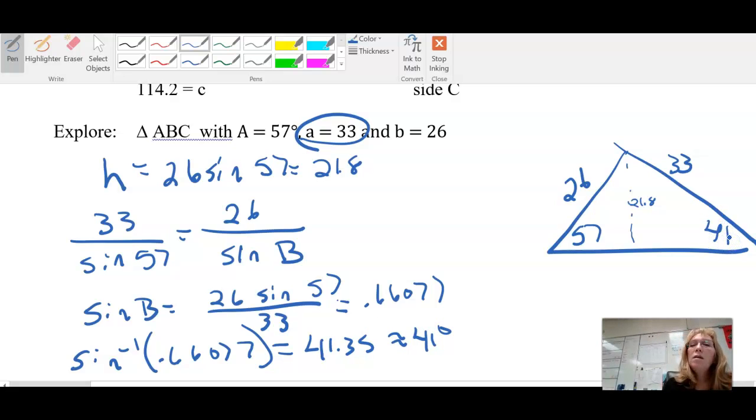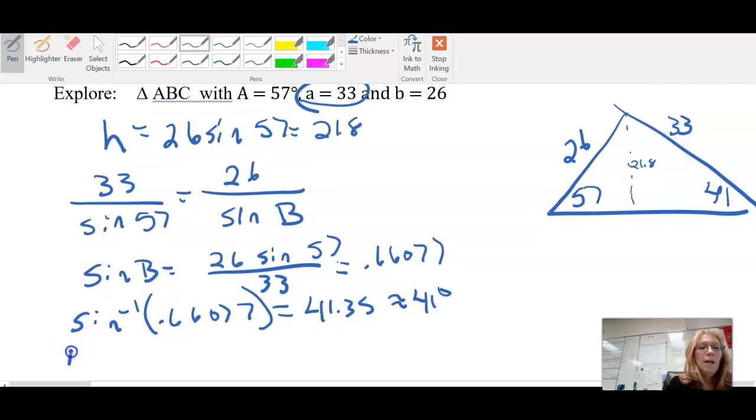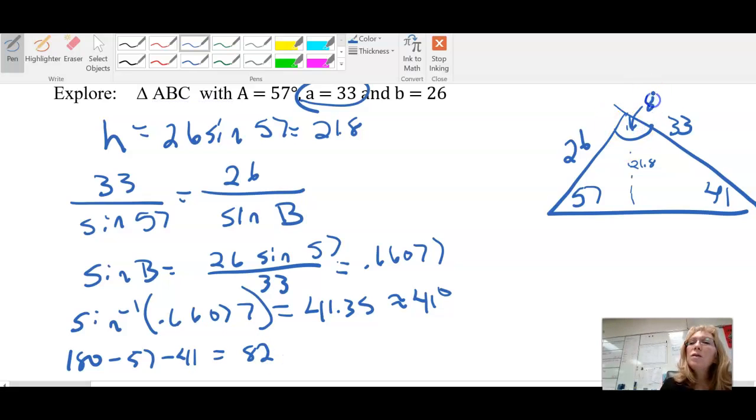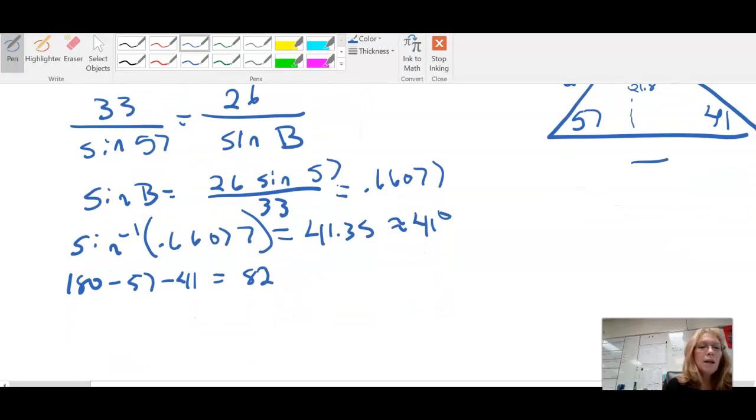Okay, subtract out. So let's take 180 minus 57 minus 41, and that is equal to 82, if I did my math right. So this here is 82 degrees. We got this side left to find. Law of sines.